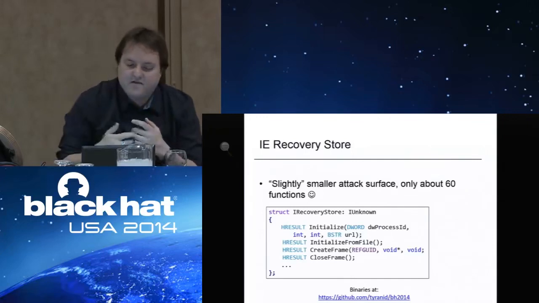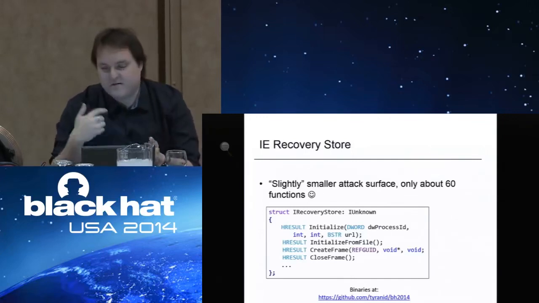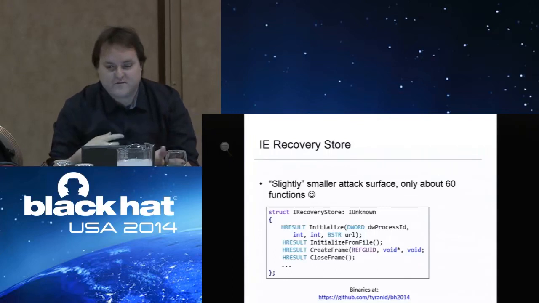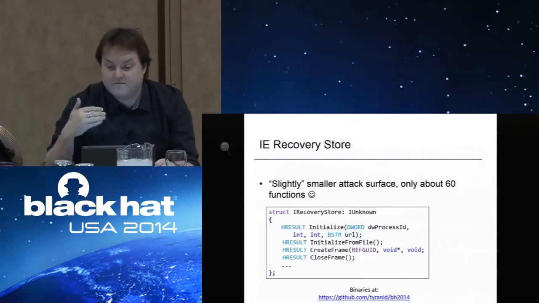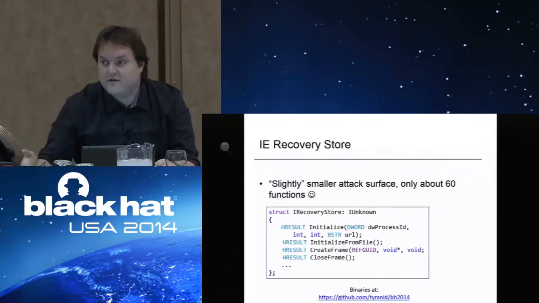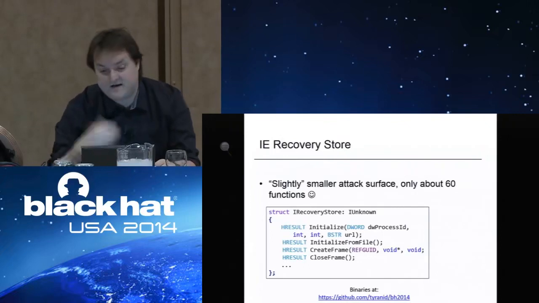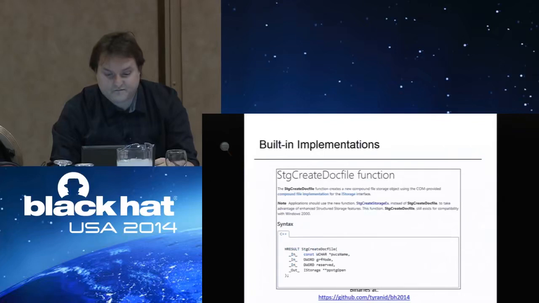Underneath the hood it uses some other COM infrastructure, the structured storage infrastructure, to store these recovery stores, these lists of your history and your tabs, and exposes an interface to allow you to do something with that.